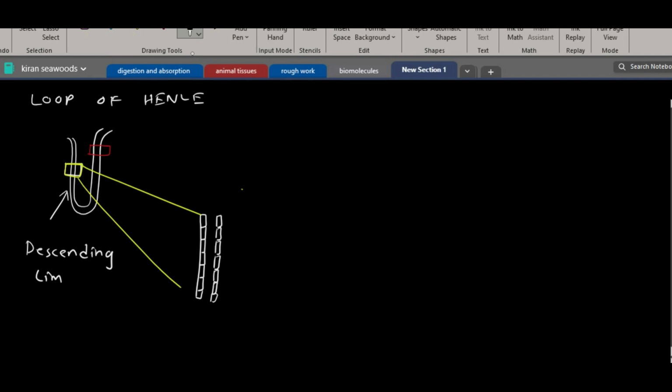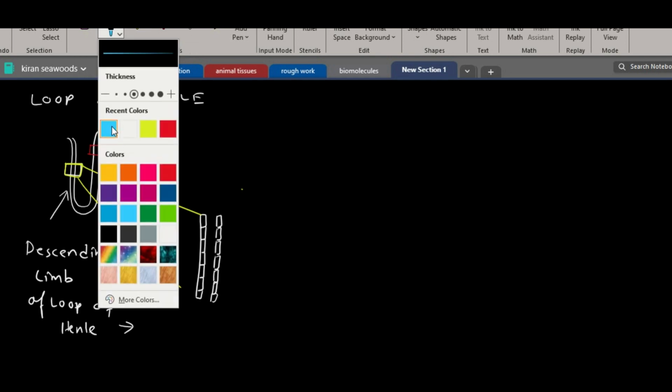So descending limb of loop of Henle has squamous epithelium which favors water exit.